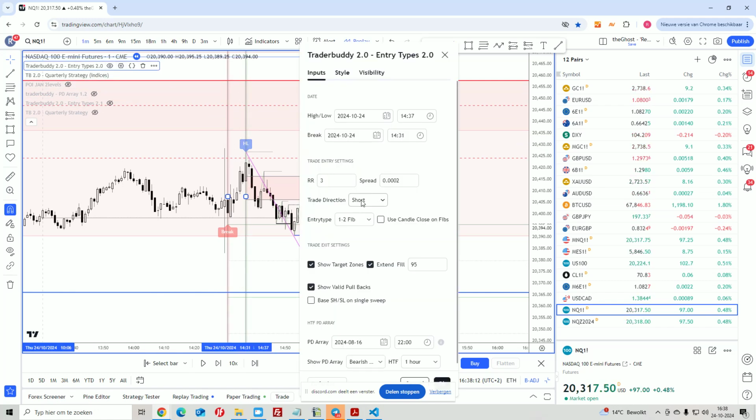We can look, first of all, we're going to look for a short. You can add the spreads. I don't know, there's not much spread on the indices, I believe. Maybe it'll be like 0.25, I don't know.